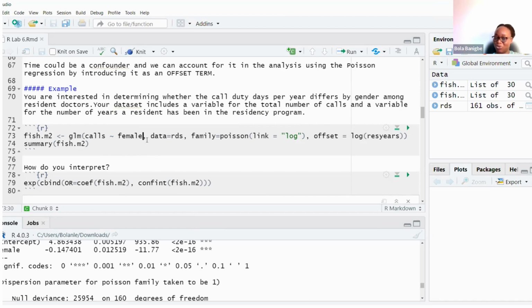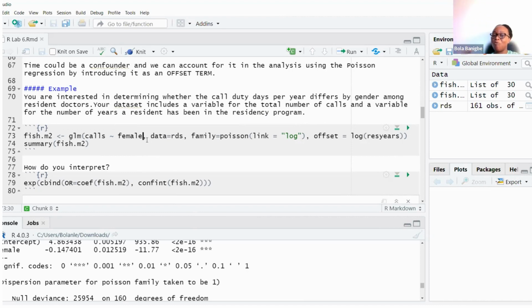To make it multiple. So this is not a multiple regression. We are not controlling for the number of years spent in residency.